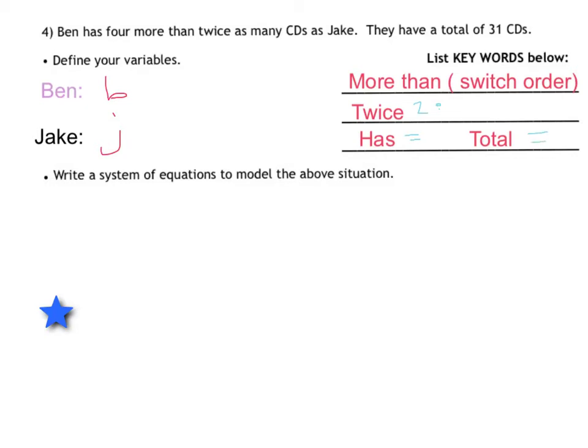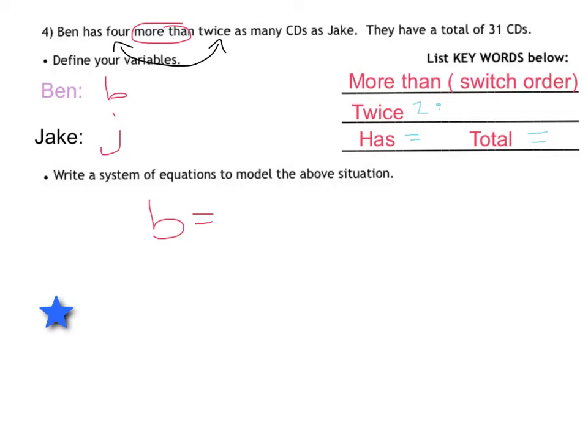So let's see if we can write our first equation using the first sentence. It starts off with Ben has. Well, Ben I know represents the letter B. Has, we just talked about it, means equals. So B equals, right? Ben has 4 more than. I'm going to circle that more than real quick because I know that the order here has to switch. So I need to deal with the second part first.